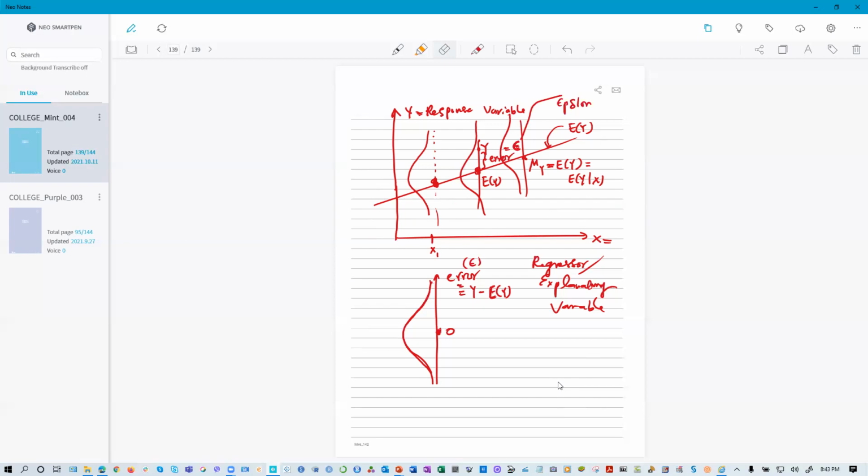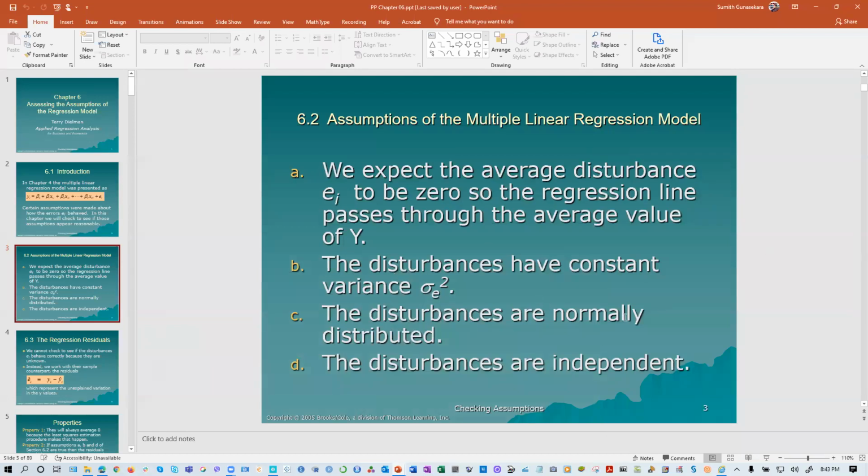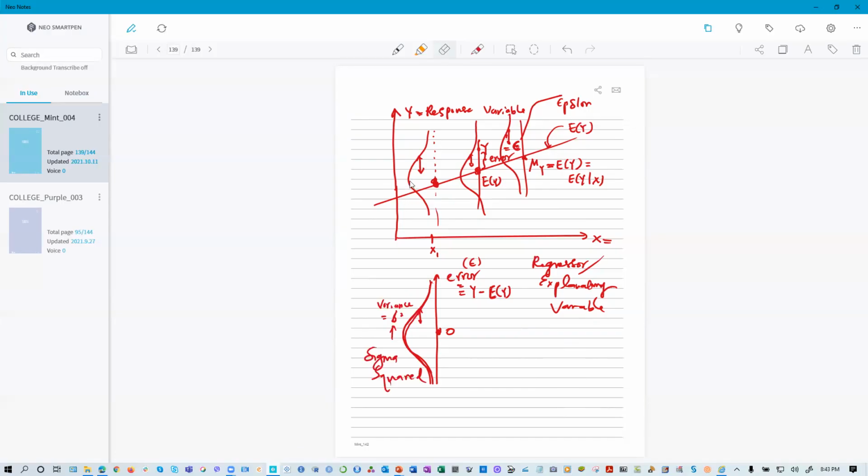The error is distributed like a bell-shaped distribution. If you look at the spread of this distribution for the error, it has the same variance, sigma squared, from place to place, and it's bell-shaped. The disturbances are normally distributed and independent of each other.